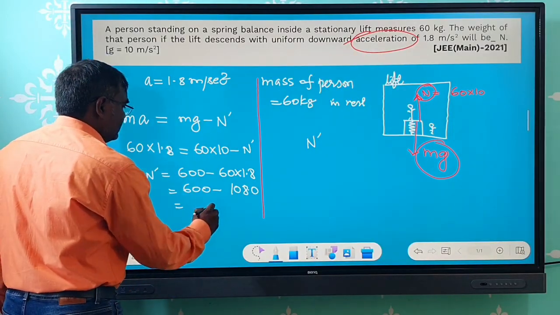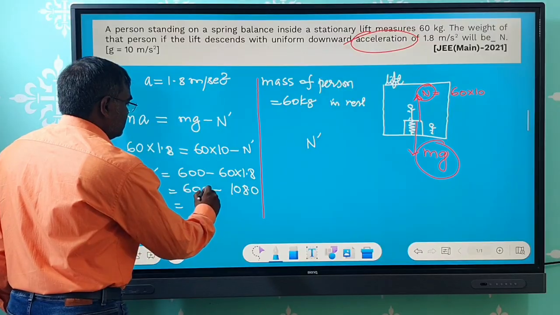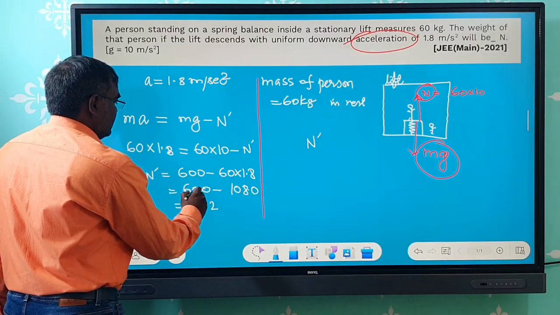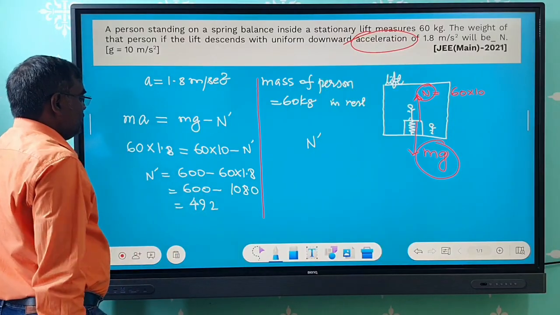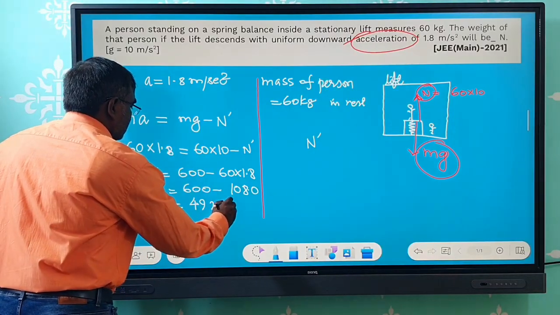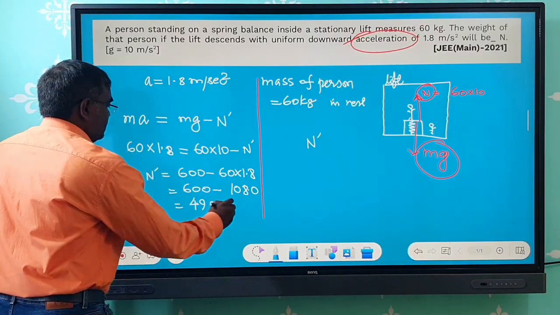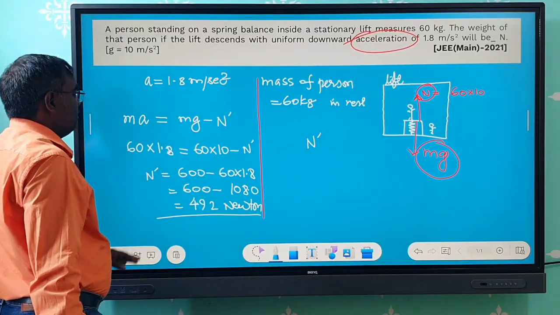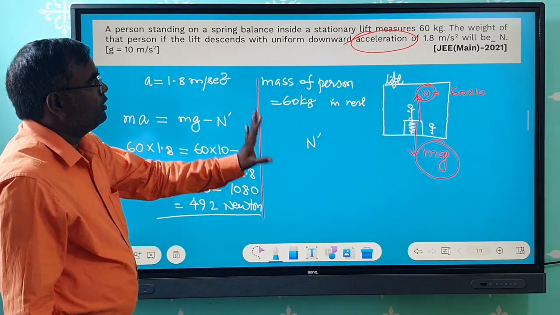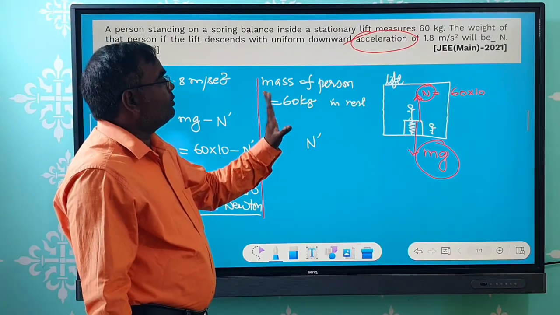So we get 492. So this is 492 Newton, the apparent weight of the person.